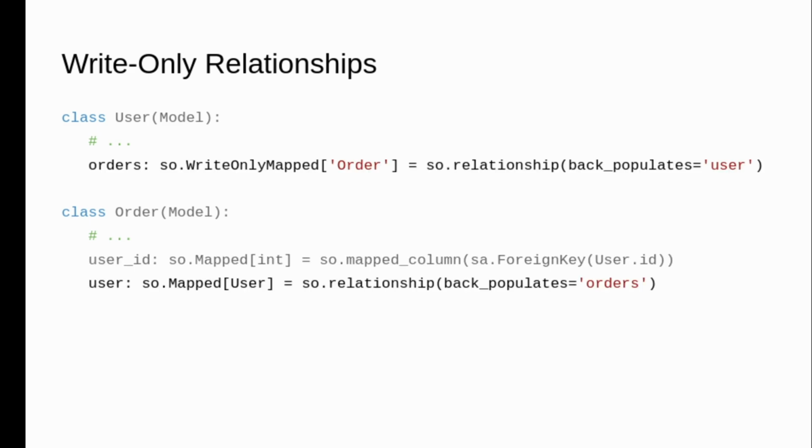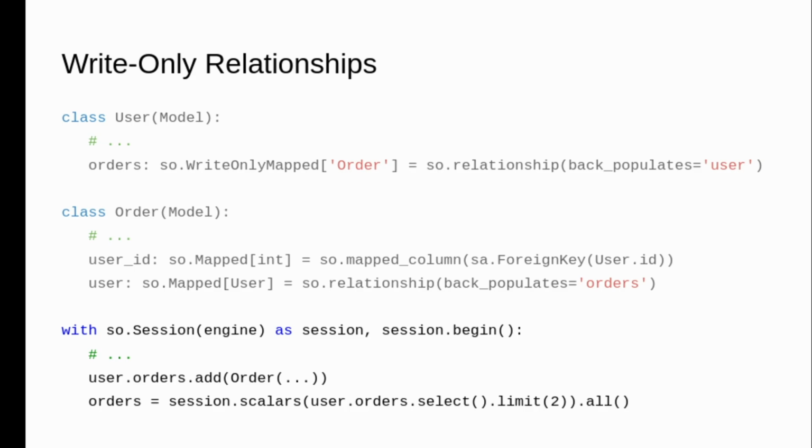So the way that works, on the bottom, the user side, the user relationship for order is exactly the same, no changes from the previous one. Then on the user side, orders gets this alternative type, which is write-only mapped. And this is telling SQLAlchemy that this relationship should not be loaded. It should only be used to add and remove, but you should not load it.